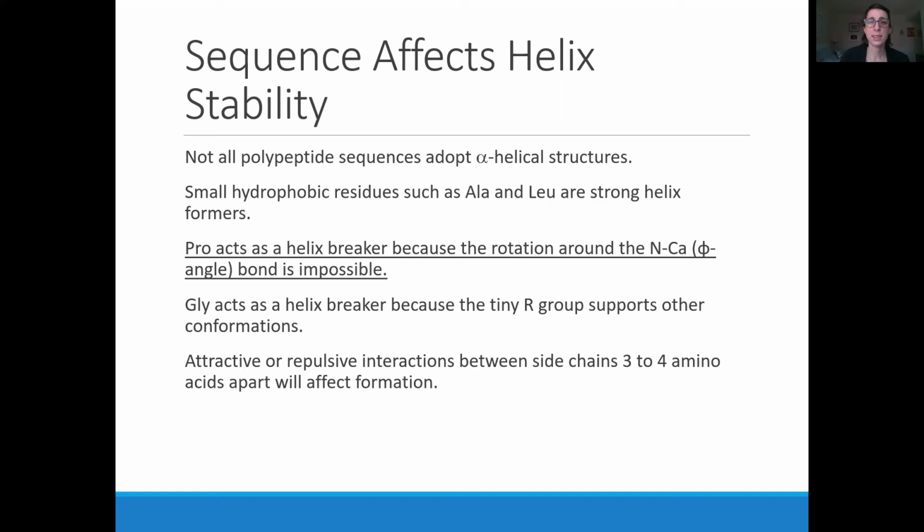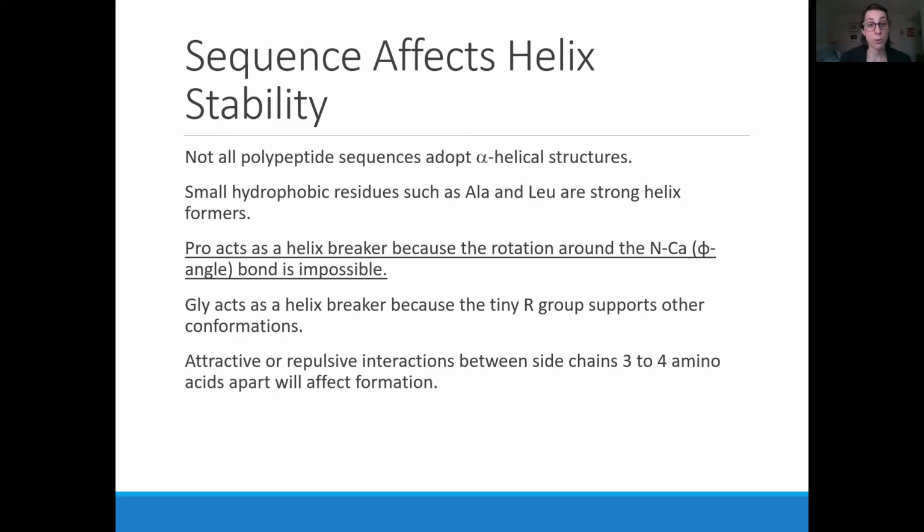Glycine also acts as a helix breaker. You would think at first it wouldn't because it is a small residue, just like alanine and leucine, but it's so small, the tiny R group actually ends up supporting other conformations that help with bending. And in this case, that actually breaks the helix. So glycine and proline both are helix breakers.